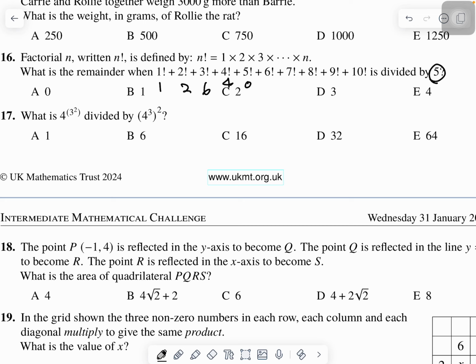Times 5, last digit 0, and then 0 all the way. So we consider only the last digits here, and the sum of the last digits is also decided by the last digit. So here, the sum of the factorials becomes 3. The last digit is 3. So when a number with the last digit of 3 is divided by 5, it makes a remainder of 3.